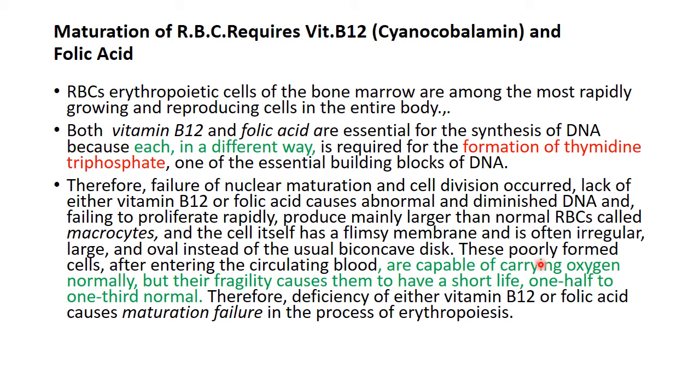Now the oxygen carrying capacity is normal, but as it becomes oval, they become more fragile. So they have a short life span. So the deficiency of vitamin B12 or folic acid causes maturation defects.